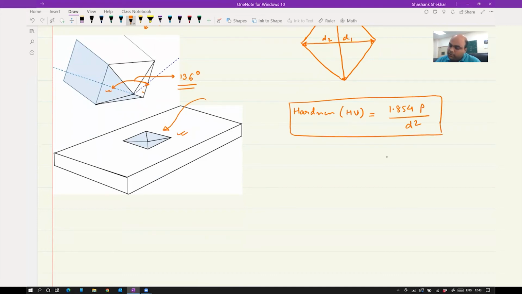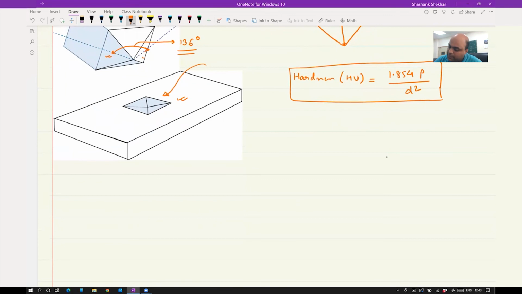So this is for your Vickers indentation, where P is your load, again in kgf, kilogram force, and D is your average diagonal length, in millimeter. Okay, so this is how we measure Vickers hardness test.